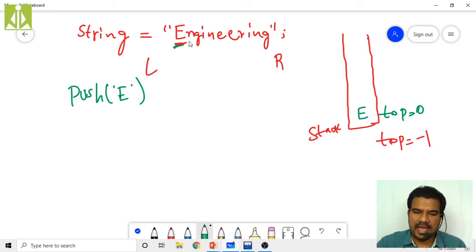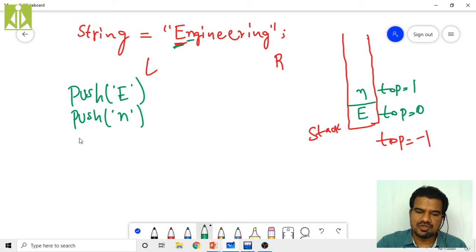Next character N. Again push N. Push character N onto the stack. Again top gets incremented, top will become 1, and N will come over here. Next G. So push G, and that G will come over here. Top will become 2.